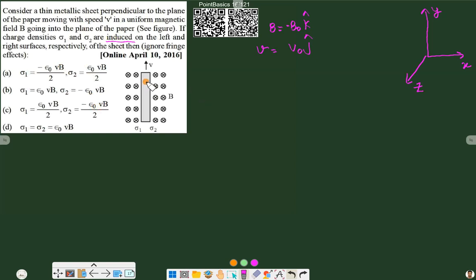Now, we know that this sheet is a metallic sheet, and metals have free electrons in them.